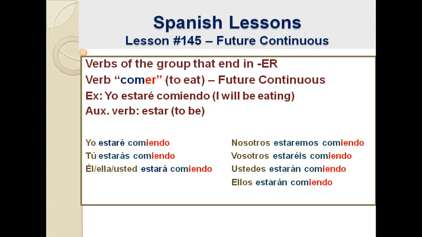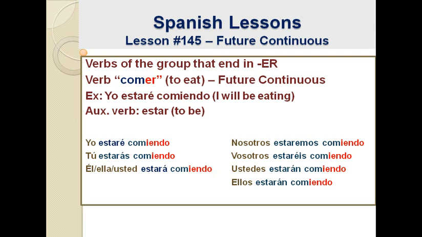Ustedes estarán comiendo. Ellos estarán comiendo. So you can see how what changes is the auxiliary verb, the conjugation, okay? And the verb we are conjugating, the verb comer, remains always the same here. Comiendo, comiendo, comiendo, comiendo, okay?